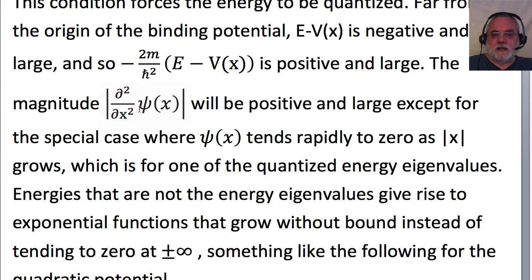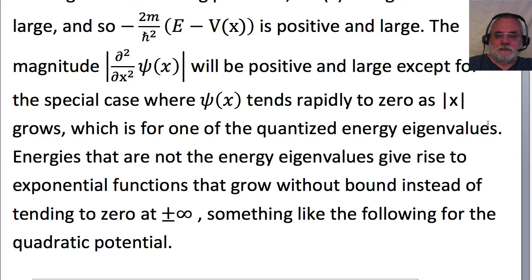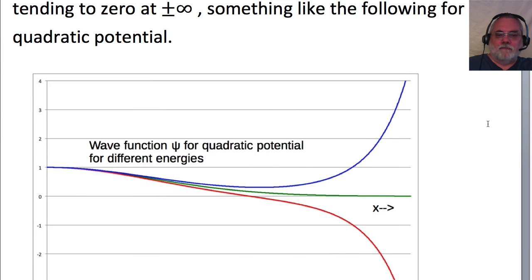The magnitude of the second derivative will be positive and large, except for the special case where the wave function tends rapidly to 0 as the magnitude of x grows, which is only going to be true for one of the quantized energy eigenvalues. Energies that are not the energy eigenvalues give rise to exponential functions that grow without bound instead of tending to 0 at plus or minus infinity, something like the following for the quadratic potential.